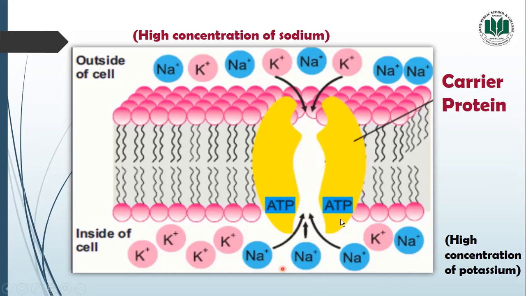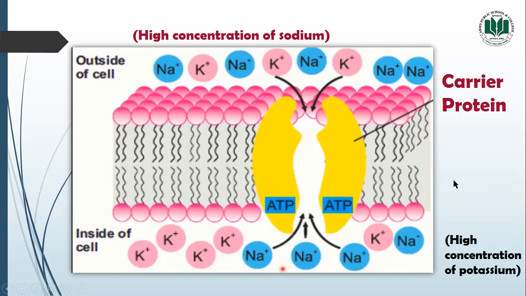Okay, so three sodium molecules will move from inside to the outside, and two potassium will move from outside to the inside to keep this neuron at rest. What are the conditions needed for a neuron to be at rest? A high concentration of potassium inside the cell and a high concentration of sodium outside the cell.